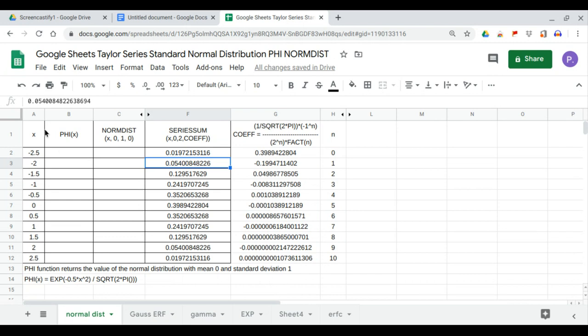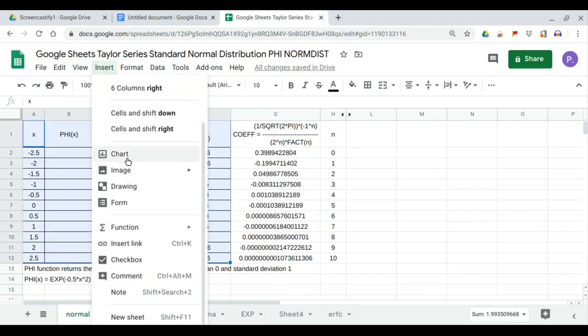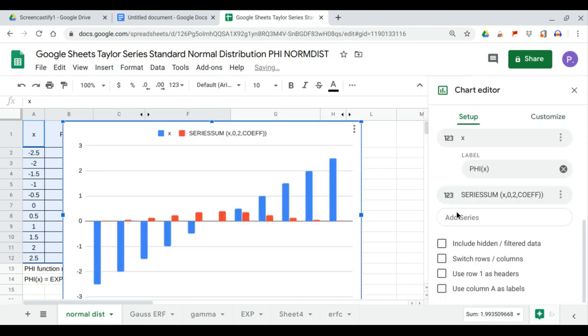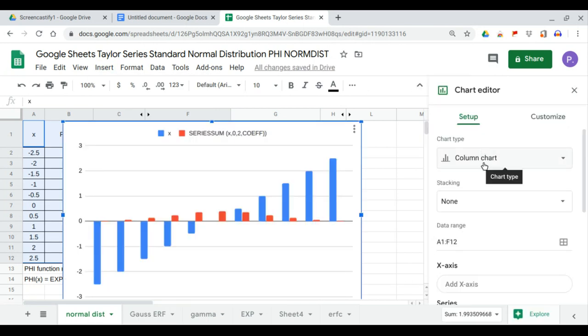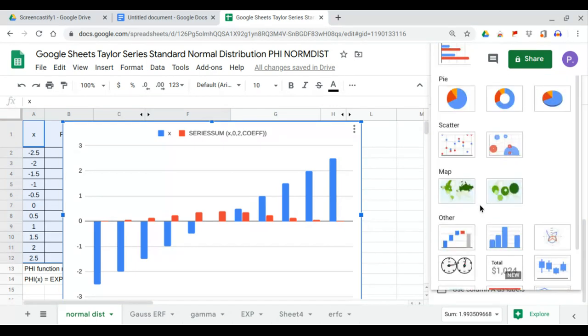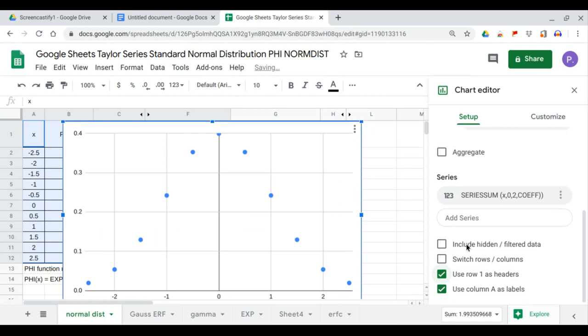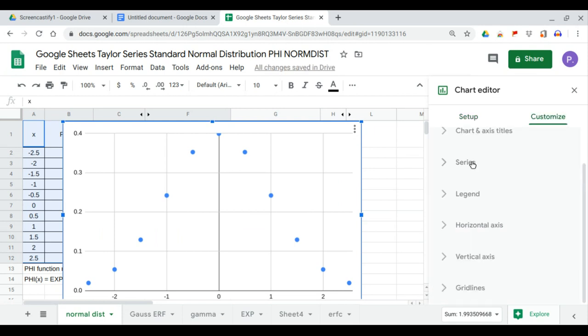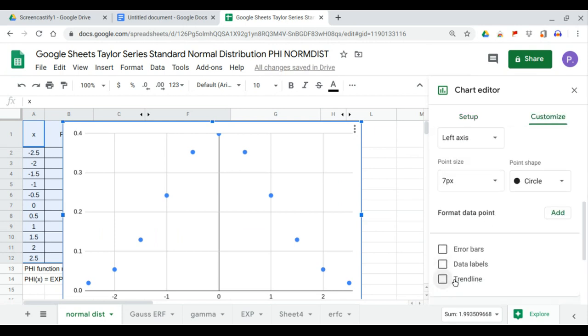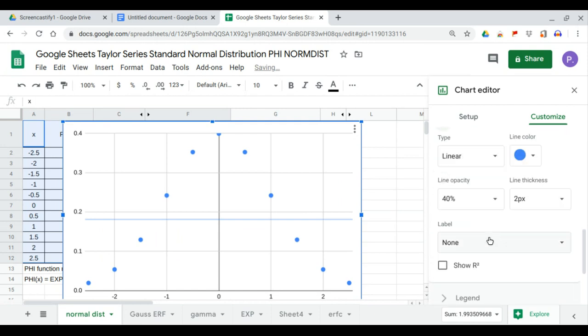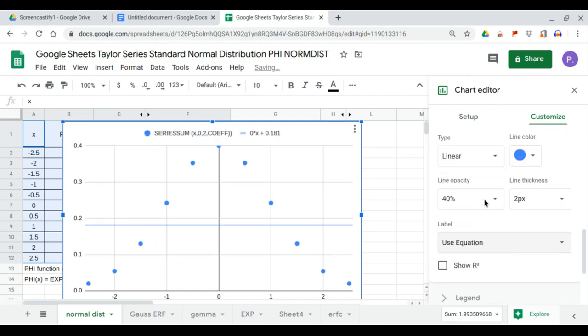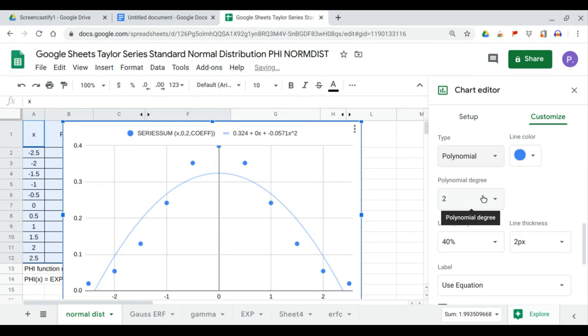And we chart this. We use the scatter chart and regress it to the best fit trend line, which is the polynomial to the highest power possible.